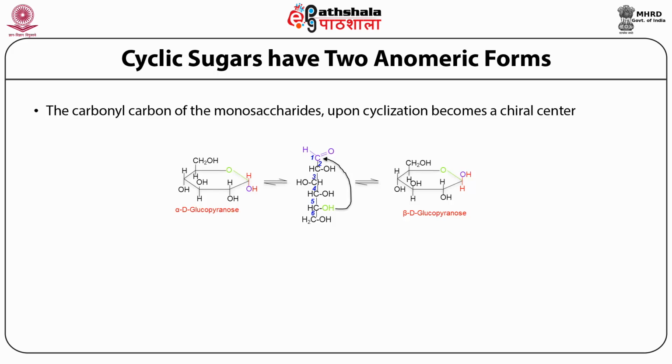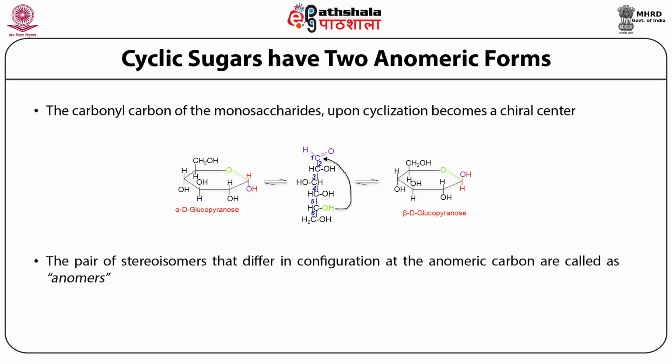Now what is the difference between the alpha and the beta cyclic structures that are generated as a result of this intramolecular rearrangement? If you look at the alpha-D-glucopyranose and the beta-D-glucopyranose structure, you will see that the stereochemistry at C1 is different between the alpha and the beta forms, while the stereochemistry at all the other carbon atoms is the same.